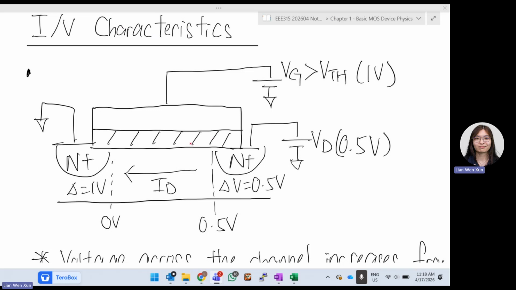So you can see this part basically breaks off already. Just imagine my drain voltage suddenly pushes too hard until all the charges go the other way and leave a space in the middle. So that's what we call the saturation region.